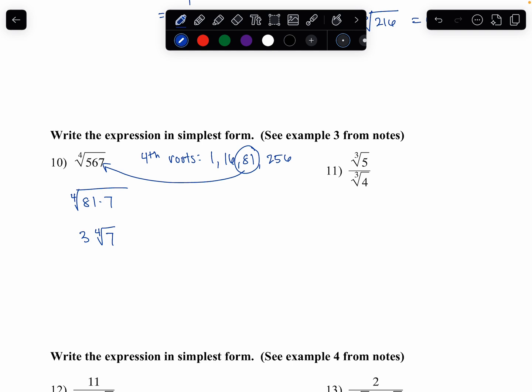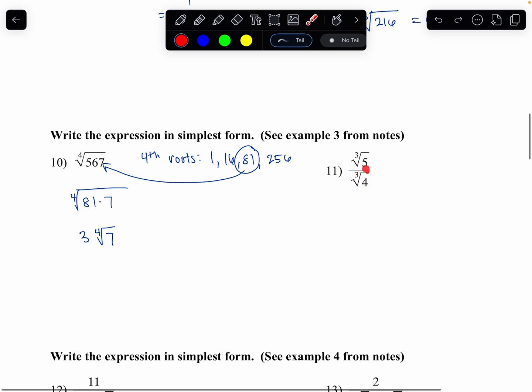Okay, now here I know what we're going to do. In this case, we're trying to simplify by making sure that we don't have a radical in the denominator. Basically what I can do is multiply top and bottom by the same number, but in such a way where I can take the cube root.